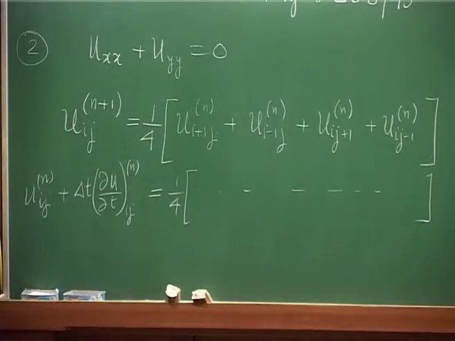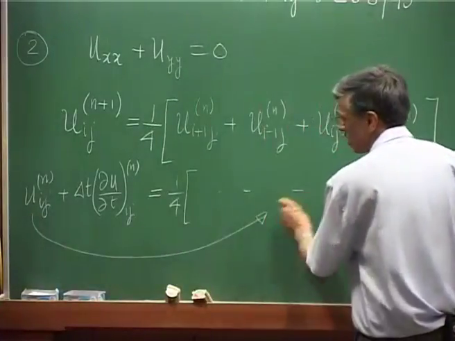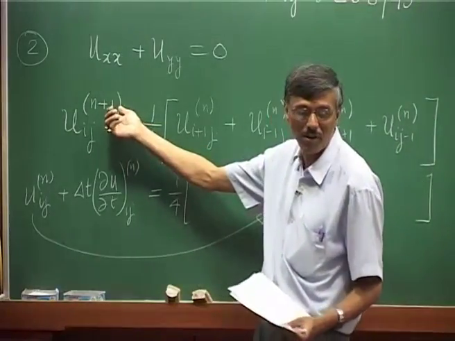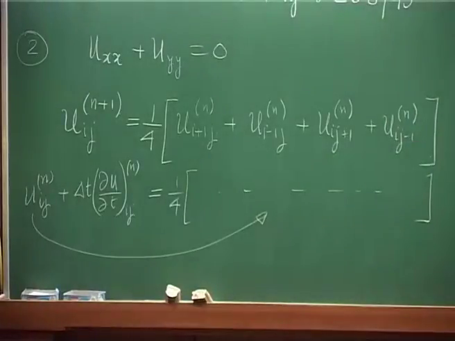Now, you can very clearly see that when I write this thing together, if I would not have written n plus 1, if I would have written n, what was that? That was the discrete form of the Laplacian, right.